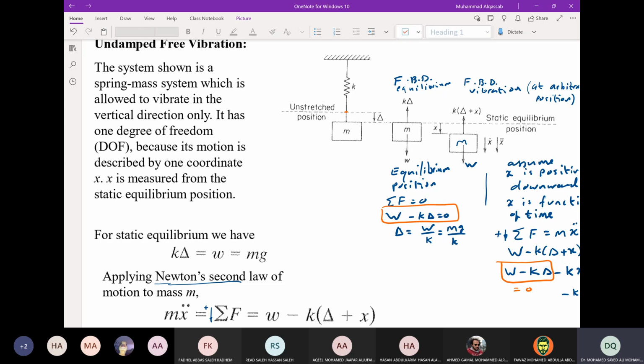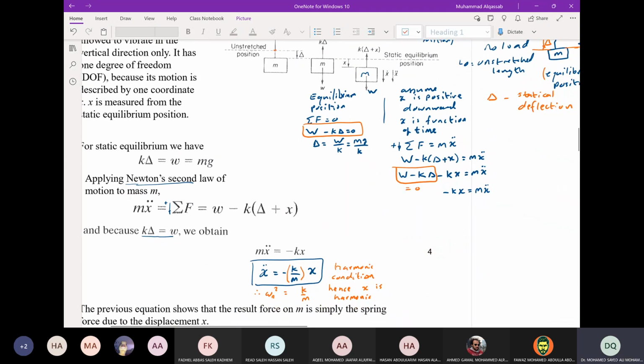One of the common mistakes made by students is that in the free body diagram, they put the weight without putting k delta, and then it becomes one term extra. So if you put the weight, you have to put k delta as well.